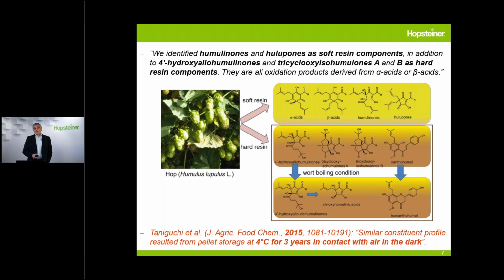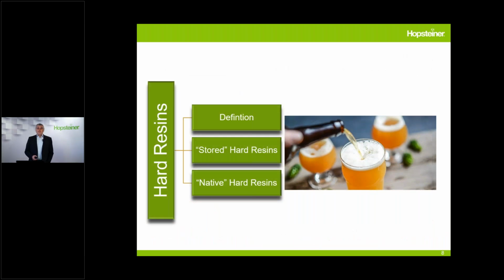So also during regular storage in the cold state, if oxygen is present, you get these transformation products. There are some papers of this group, but the taste was not really defined. So for the first, we know there are some aged hard resin components, but the taste is still a little bit unclear to me. Now we come to the so-called native hard resins.